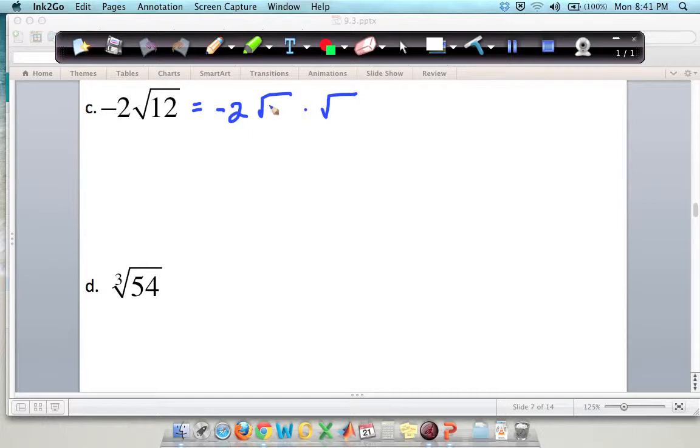So we would break up 12 into 4 times 3. This negative 2 is multiplied by whatever you get when you simplify this. So you have the negative 2 out in front times square root of 4. Remember, that means it comes out of the radical sign, is just 2 times square root of 3. And then just simplify. Go ahead and multiply and get negative 4 square root of 3.